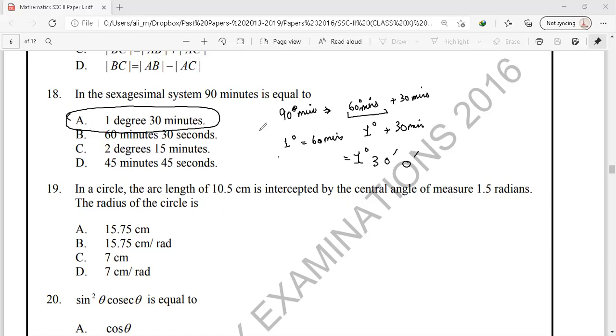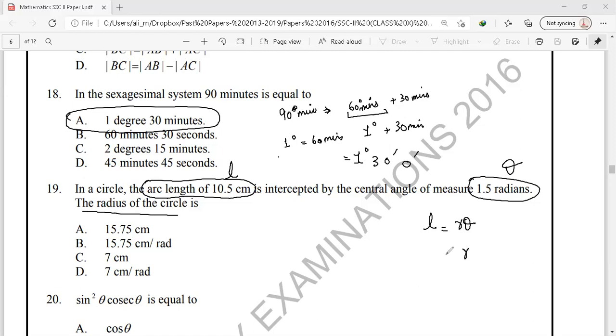Next, we have question number 19, and in this question, we have an arc length of 10.5 centimeters. This is represented by L, and the angle subtended is a measure of 1.5 radians. This is theta, and we have to find the radius of the circle. The relation between them is L equals R theta, so R equals L over theta.